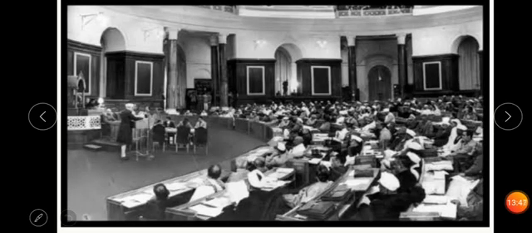This is the same photograph with different positions. You can see that this is just like the present parliament. In the parliament house, all the representatives from the different constituencies used to sit in this way.